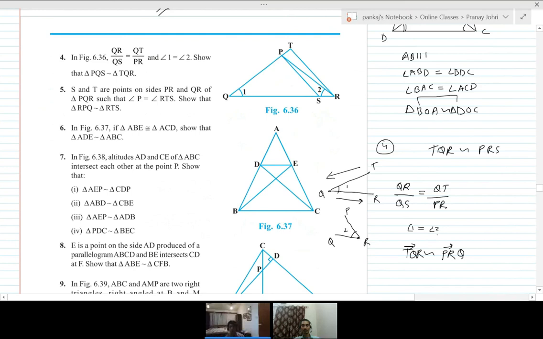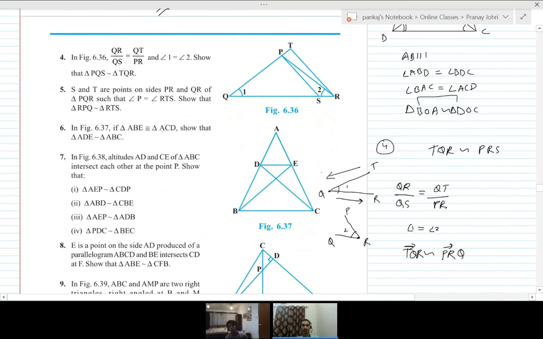We need to prove that PQS is similar to PRQ. So PQS is similar to TQR.